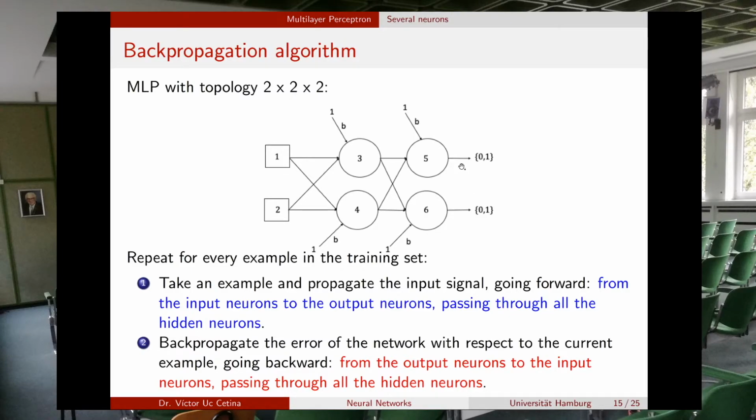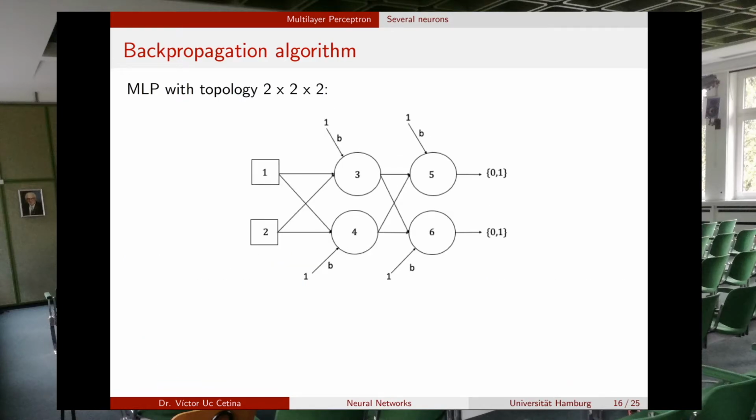That difference between what you are getting as an output in 5 and 6 and what you want these neurons to output is the error. You back propagate the error. We're going to see the rules that you need to program to do this back propagation of the error.